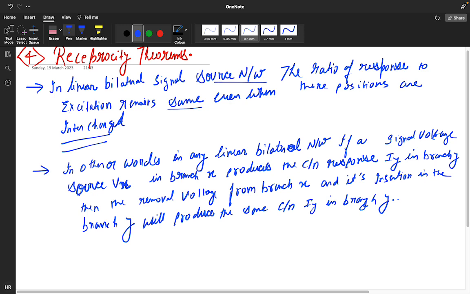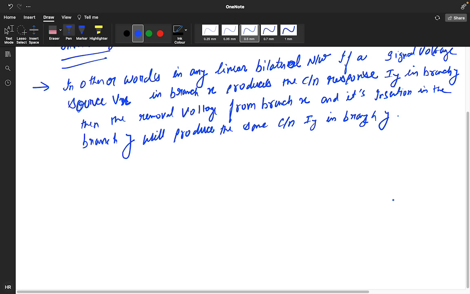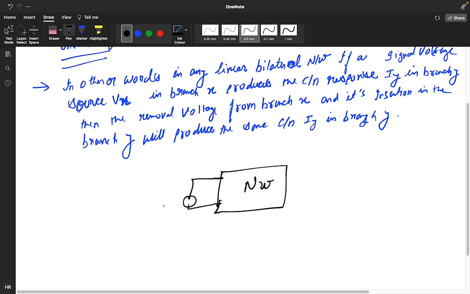Suppose you have a network like this. This is your particular branch, this is your Vx, and in this particular branch you have some current Iy.